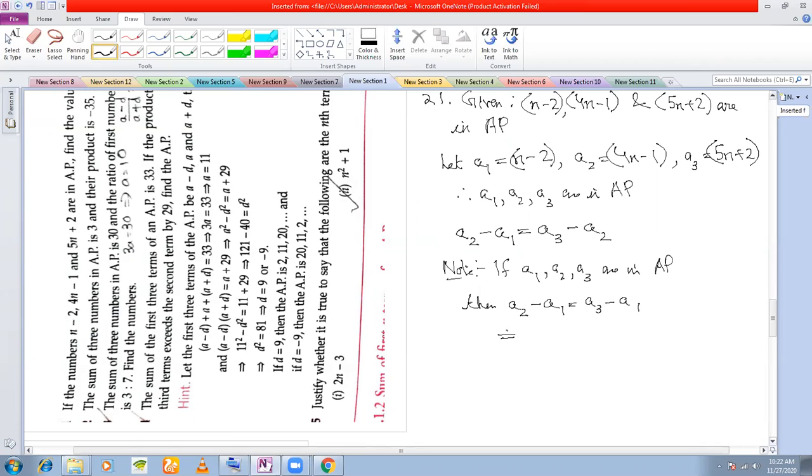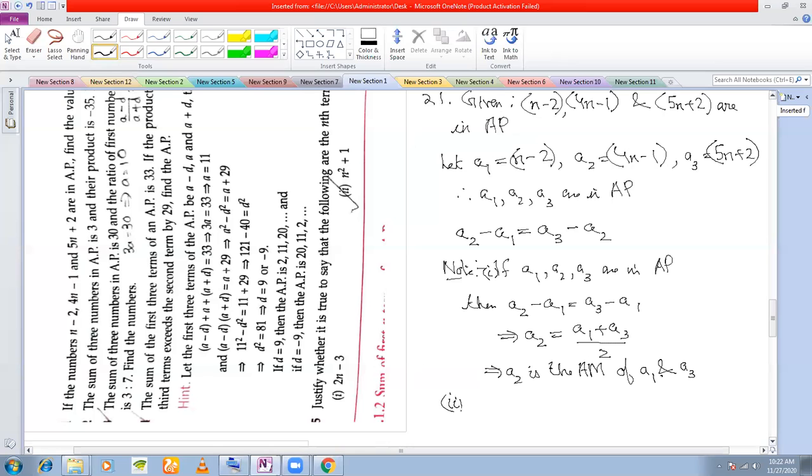From here, if you want to find out A2, you can write this as A1 plus A3 by 2, which means that A2 is the arithmetic mean, AM. A2 is the arithmetic mean of A1 and A3. This is note number one.